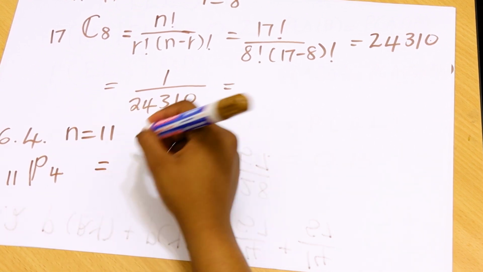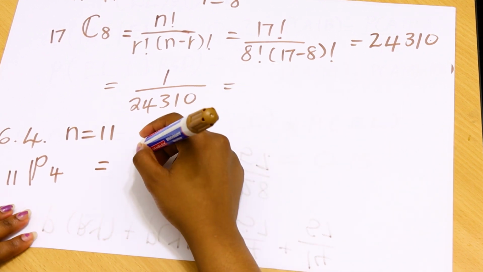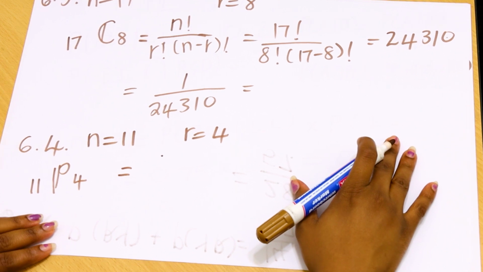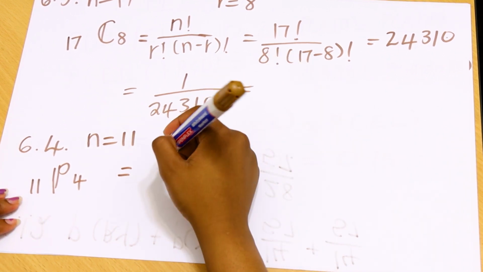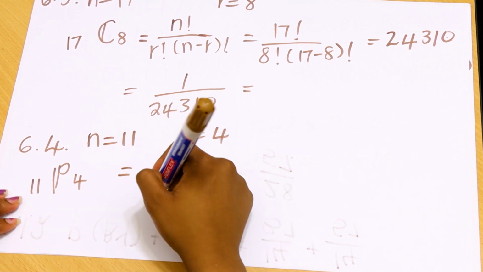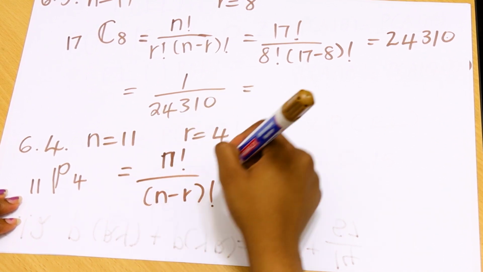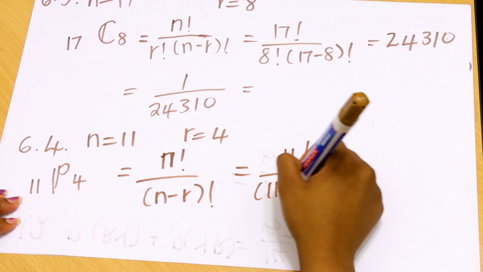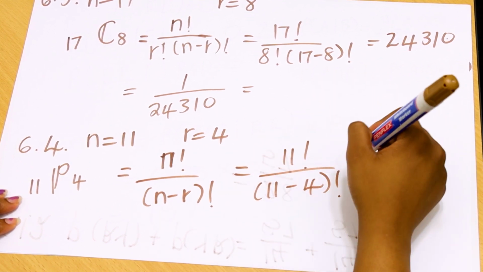So you know that the formula for permutation is n factorial over n minus r factorial. So it's 11 factorial over 11 minus 4 factorial.